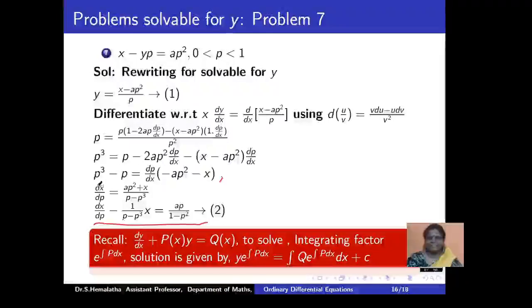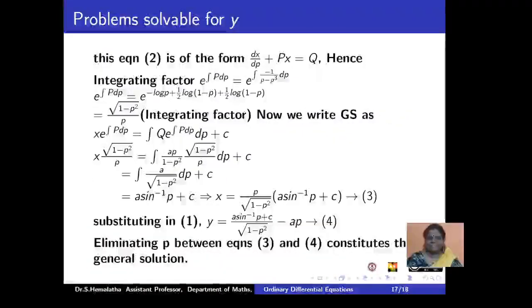So I try to rewrite it as a dx by dp. So we can compare it with your first order linear equation and go ahead with your procedure of that, finding the integrating factor. Again, in finding the integrating factor, we need to go for partial fractions, then only we will end up in this kind of work.